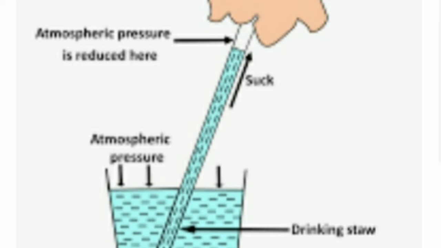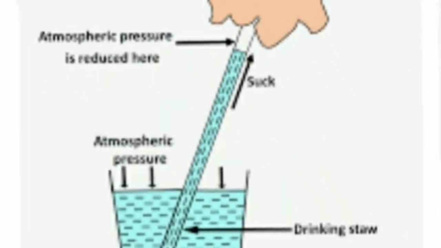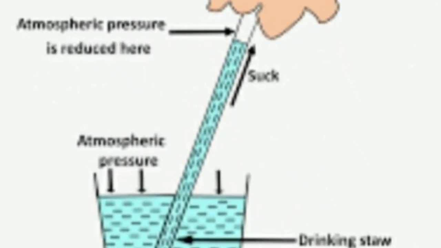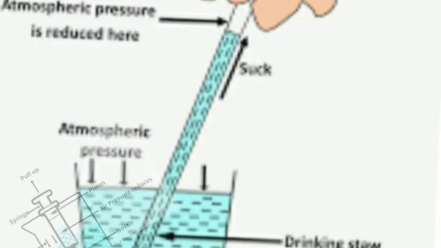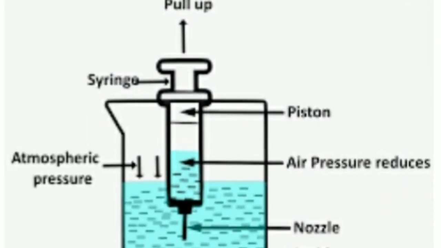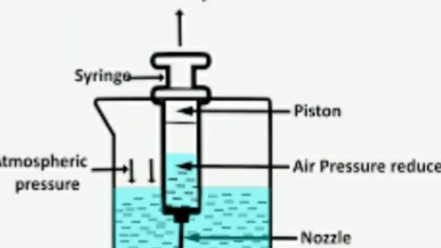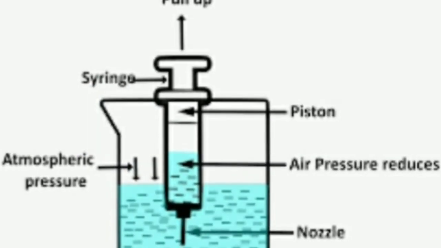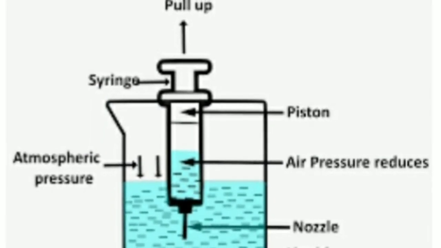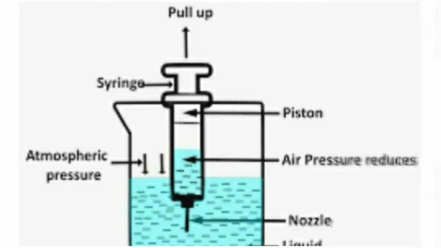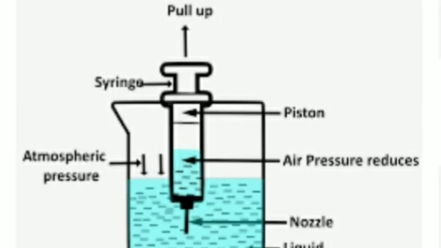You might have done many experiments like hydraulic bridge, hydraulic crane, which work on this phenomenon only. Here we pull the piston of the syringe and create a low pressure area inside the syringe, and the atmospheric pressure acts on the surface of the liquid and pushes it into the syringe.